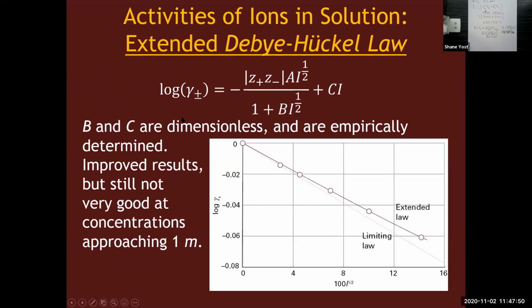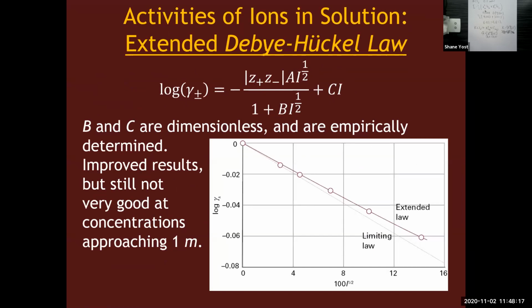And so if one wants to be more general, you can use the extended Debye-Hückel law, which is just this limiting Debye-Hückel equation with correction terms, 1 plus b I to the 1/2 plus c I, where b and c are dimensionless quantities determined experimentally.